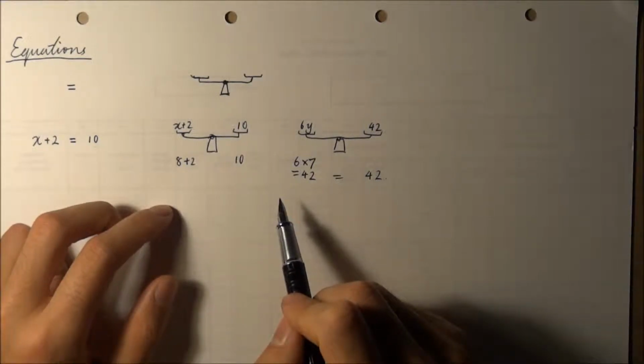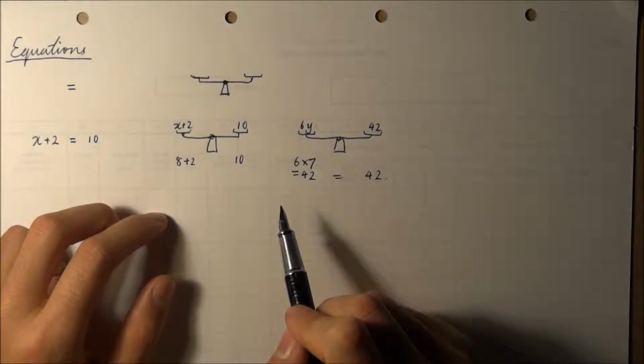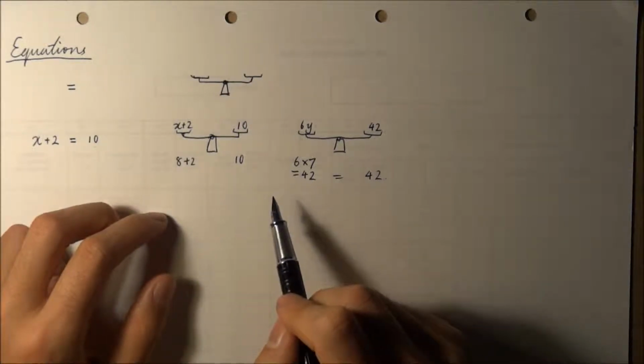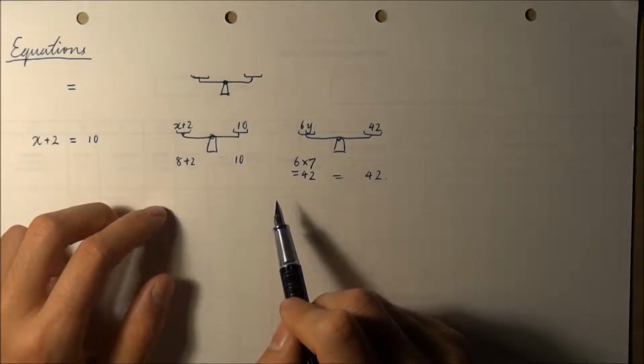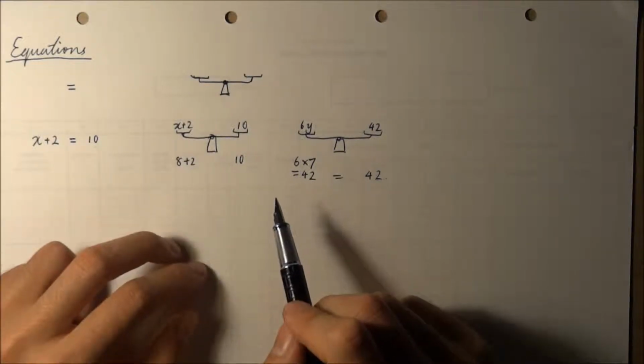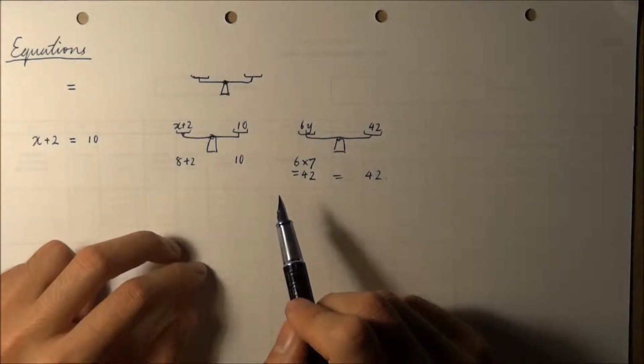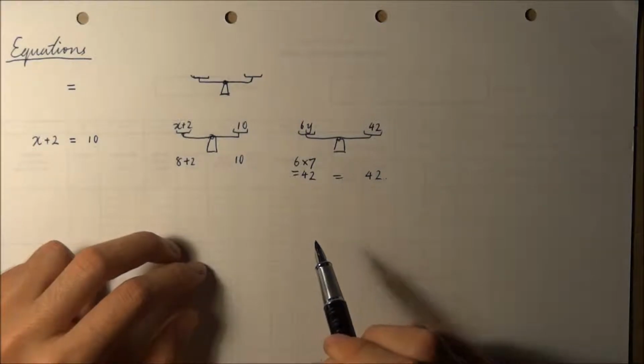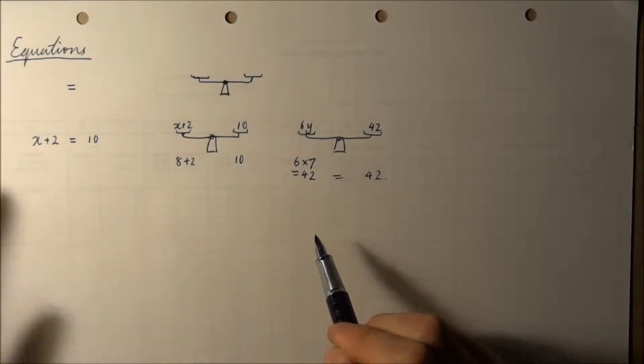But sometimes the expressions may not be so straightforward, and then we will have to resort to the methods we developed in the previous lesson, which is to invert or undo the operations involved in the expression.